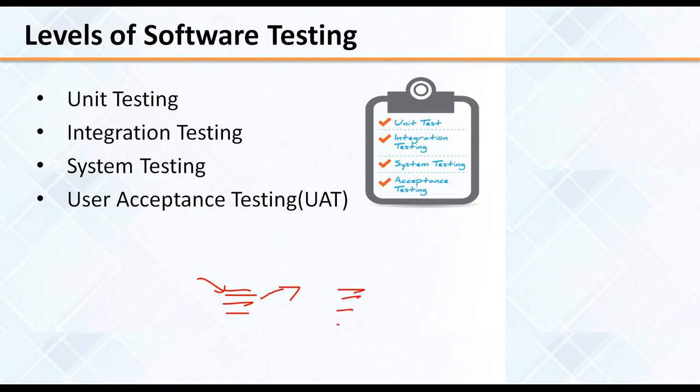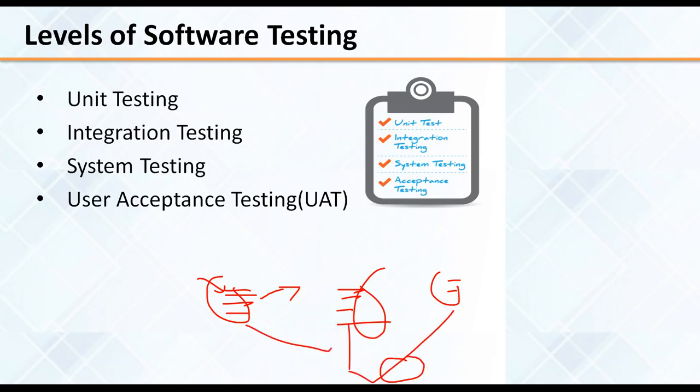They will integrate all the programs, combine them, and test the integrated software, whether the communication between these modules is properly happening or not. Sometimes the output of the first program will become input of another program, and whatever output is given by the second program is input for the next program. So this communication should happen properly. That is integration testing.